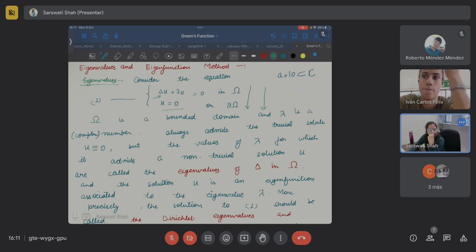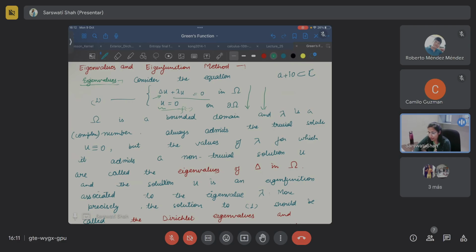But I would like to ask you, if this u was not equal to zero on the boundary, suppose this u was some function of x or y on the boundary, then could you say that u equals zero is going to be a trivial solution, or u equals constant is going to be a trivial solution? No. So that was the difference between the previously defined Poisson equation and this. Because when we talk about the eigenvalue and eigenfunction problem for a homogeneous equation, isn't it a homogeneous equation?